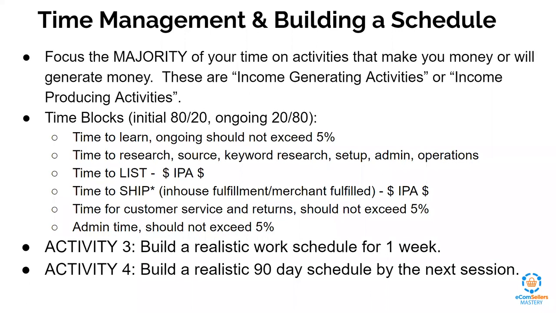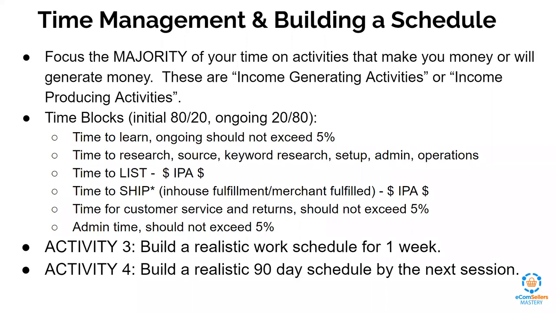Okay? You don't do anything with the research, it's not going to generate you any money. Acquiring inventory and letting it sit does not make you money. If you buy all this inventory from suppliers, and you got piles of it, but you haven't listed it, it's just stuff in your house. It is not making you money.